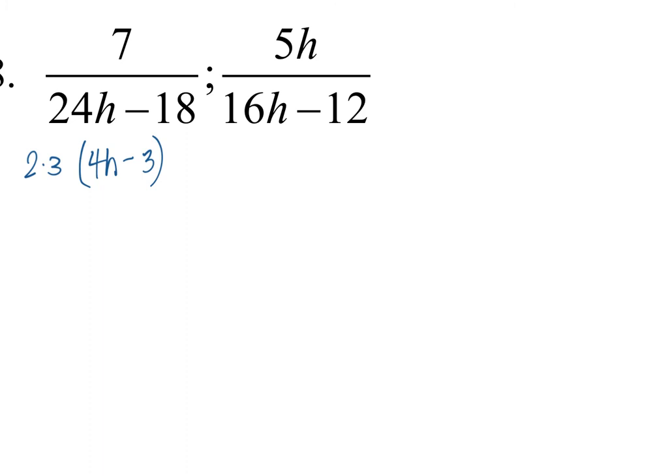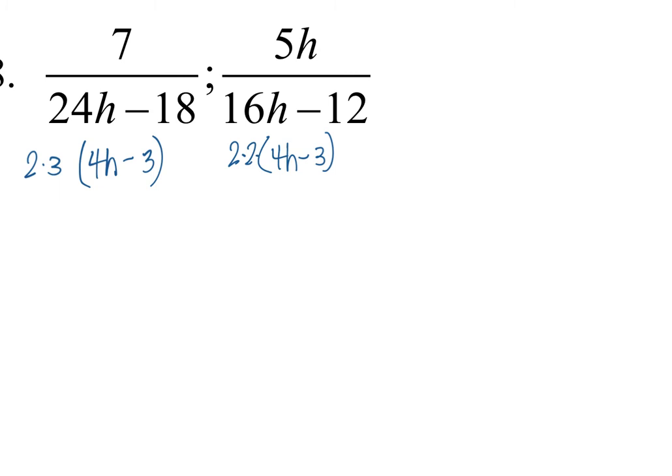On the next one, 16h minus 12, you can take a 4 out, leaving 4h minus 3. Remember, the 4 that we took out is 2 times 2.